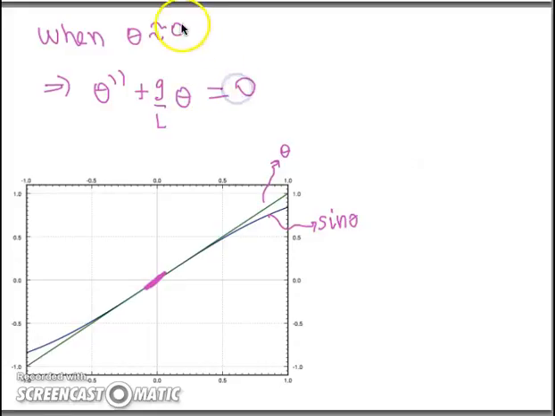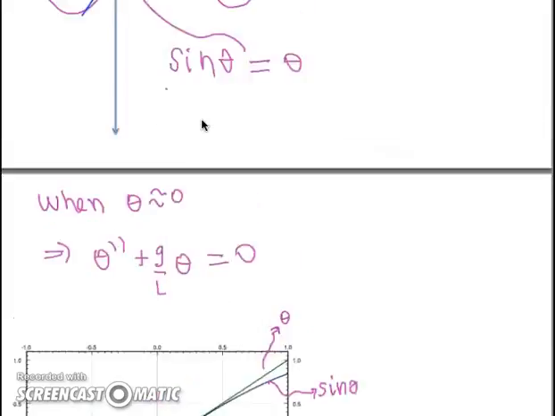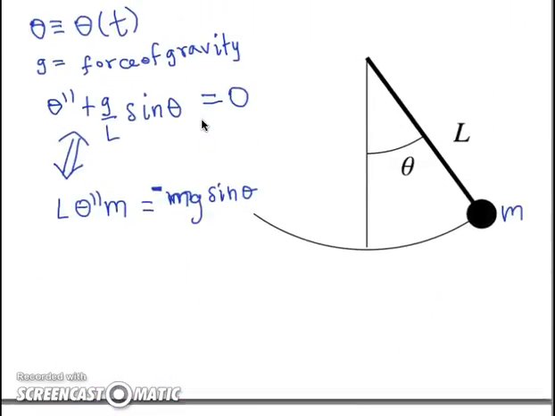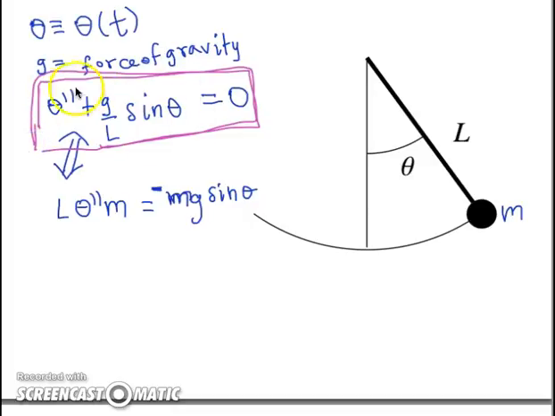And so basically what this is telling us is that when the swings in the pendulum are small, then we can model the behavior of the system with a simpler linear equation. If I remind you, the original equation is this, which comes from an application of Newton's second law.